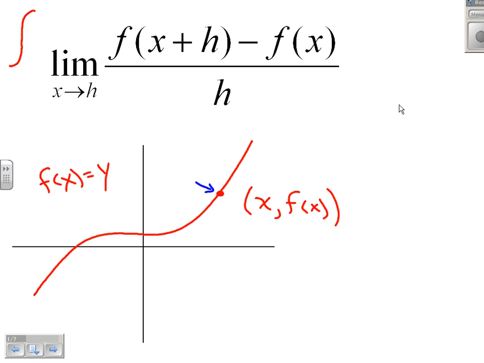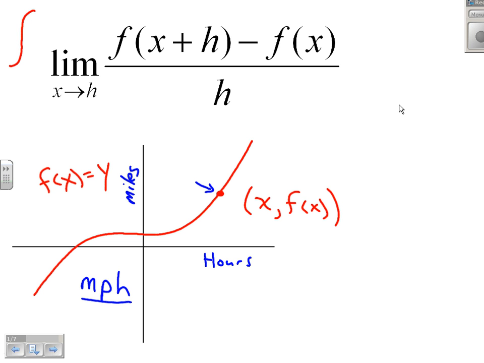Now, if we were charged with finding the slope at this point right here, like our instantaneous slope, let's say that in our graph, the x-axis represents hours, the y-axis represents miles traveled. Our slope, as you all know, is change of y over change of x, but our y values are miles, our x values are hours, miles divided by hours, miles per hour.